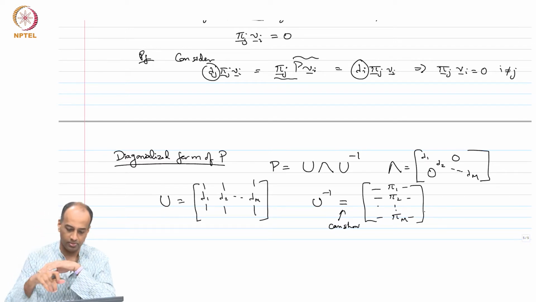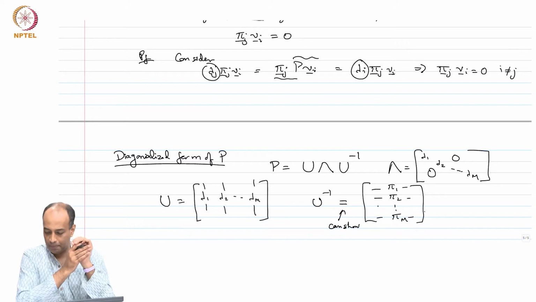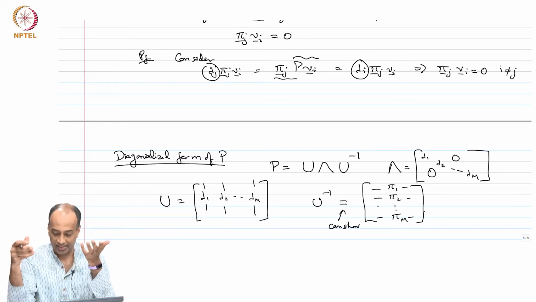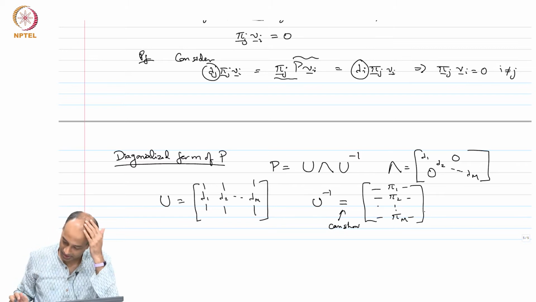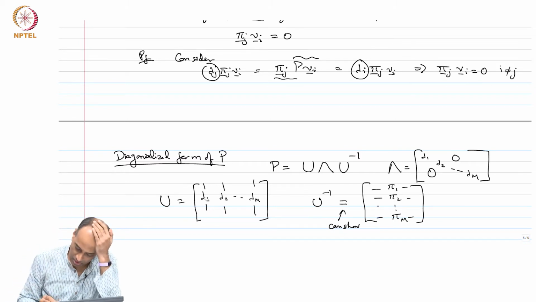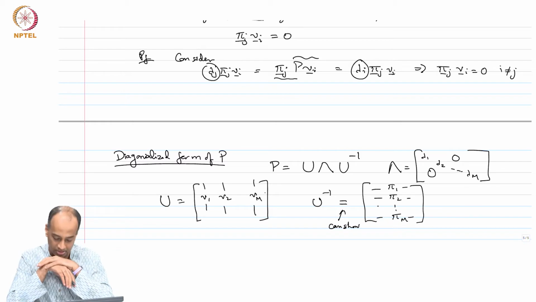You can easily verify that what I claim to be U inverse is in fact the inverse of U by simply noting that pi I nu I is equal to 1, and pi I nu j is equal to 0, right.